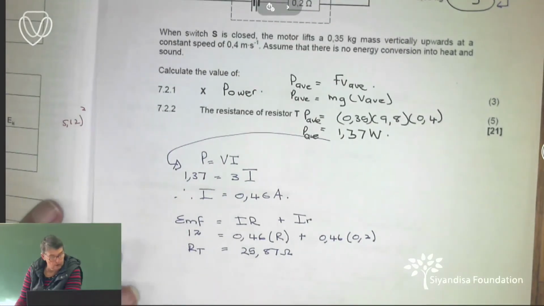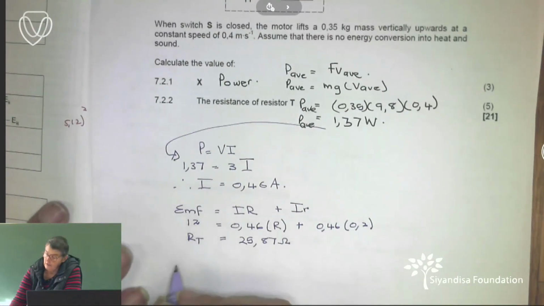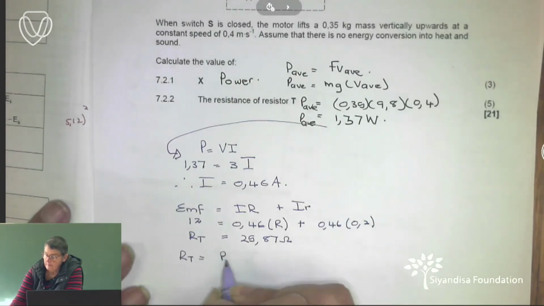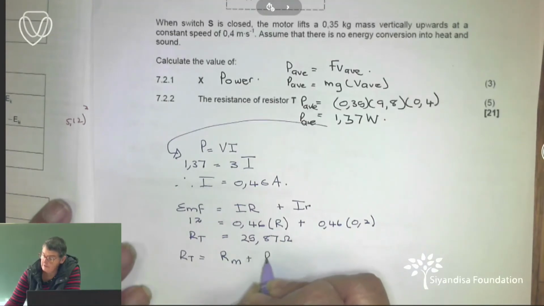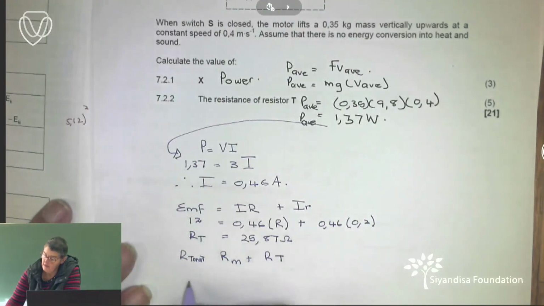And what is my total resistance made up of? My total resistance is made up of the resistance of my motor, plus the resistor T. This is total. So now we know that that is 25.87. How would I work out the resistance of my motor?